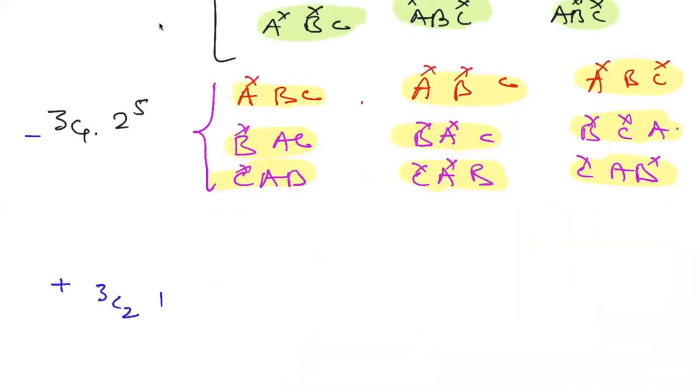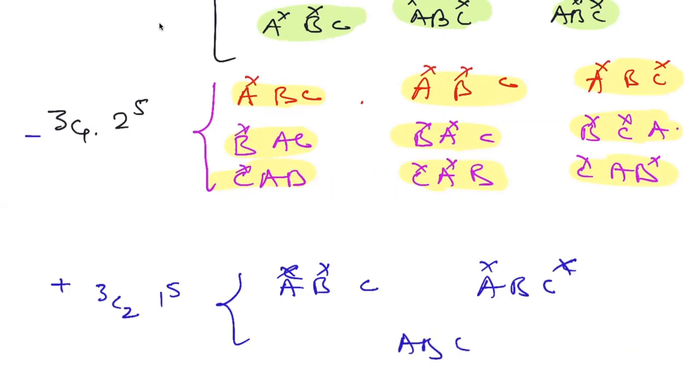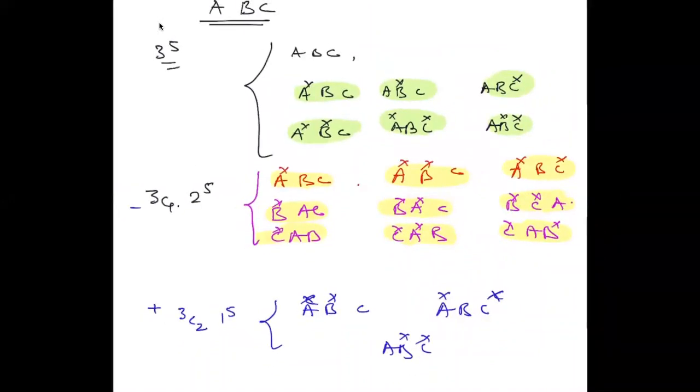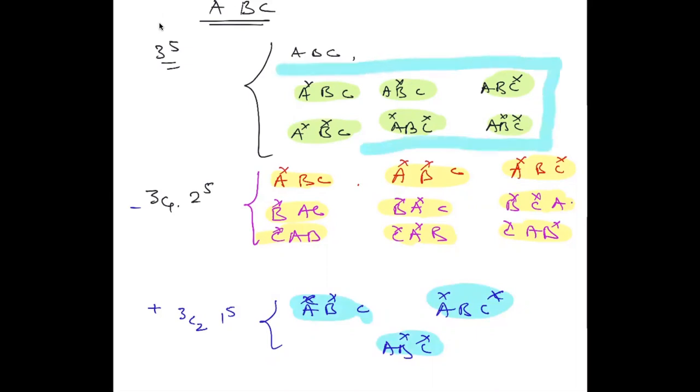So 3C2, 1 to the power 5, that shows not going in AB, going in C, not going in AC, going in B, not going in BC, going in A. If I add this, you can see only those conditions we are getting. Again, subtracting this.